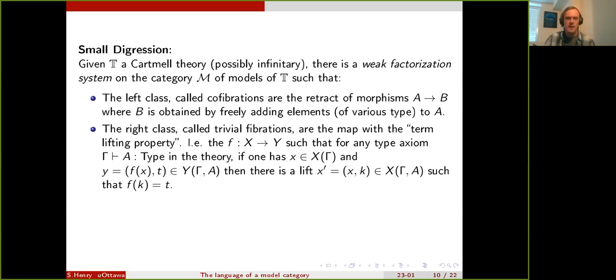And so you can get different factorization systems on your limit theory. So for example, if I come back to this example of the theory of categories, if I did not have an equality predicate on morphisms, then the cofibrations would only be able to freely add morphisms, and I would not be able to collapse them, and so there would be a lot fewer cofibrations. Thank you.